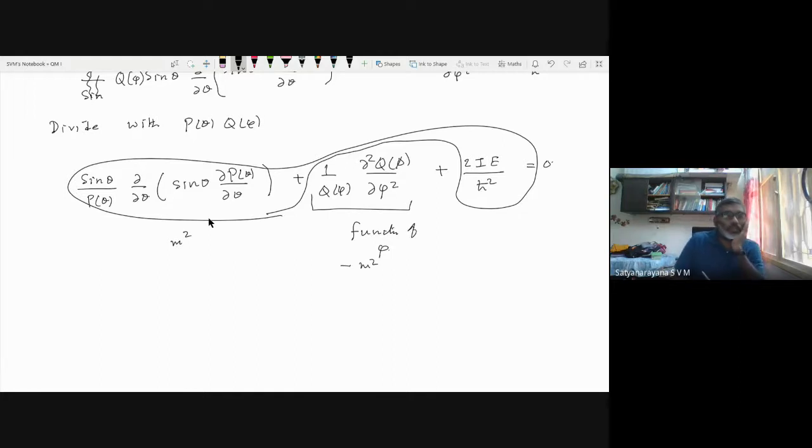So we will have two differential equations. That is d square Q by d phi square plus m square into Q is equal to 0. This is one equation.